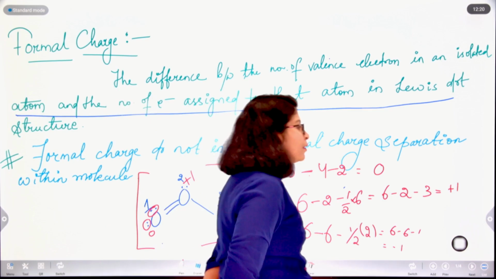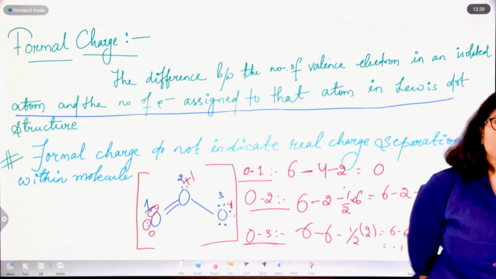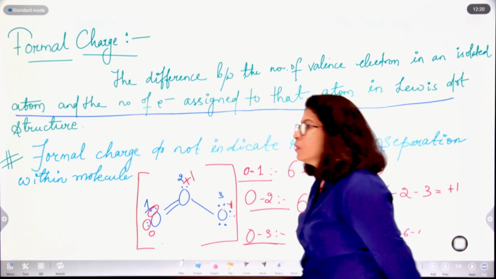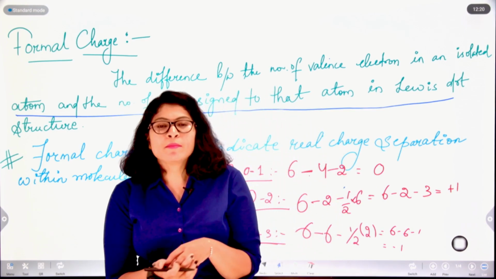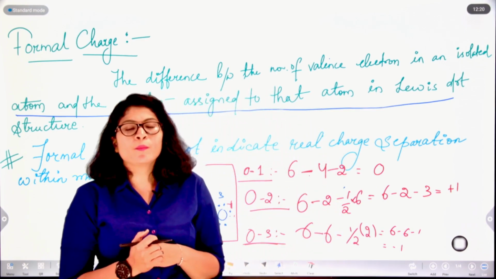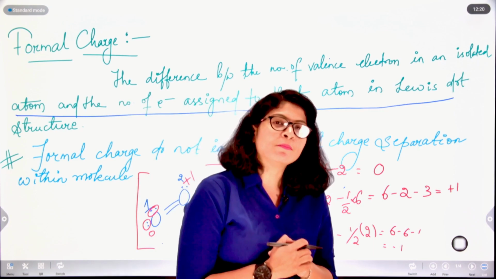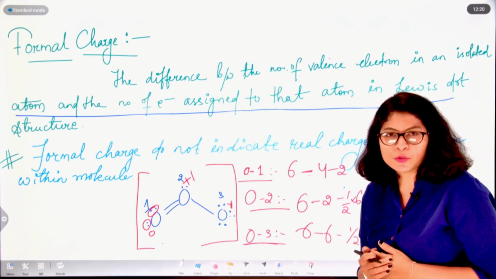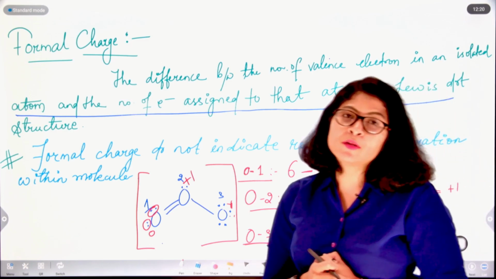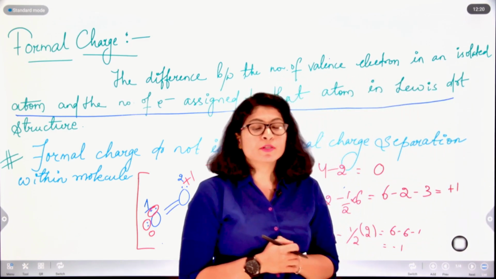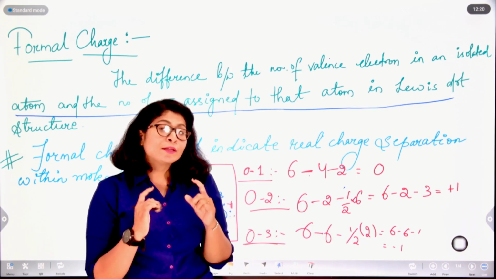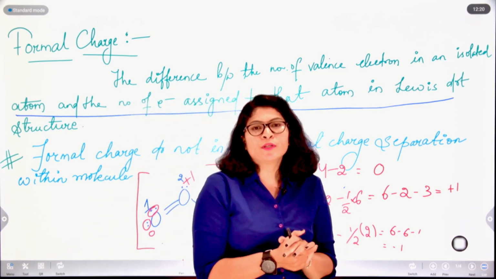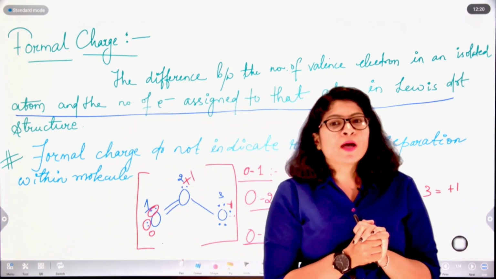Now what are the advantages of calculating the formal charge of an atom, right? If we consider Lewis dot structures, a particular molecule can be represented by n number of structures, but which one will be the most contributing structure, which one will be the most stable structure, or which is the actual or most correct structure of that molecule, that is determined by formal charge.